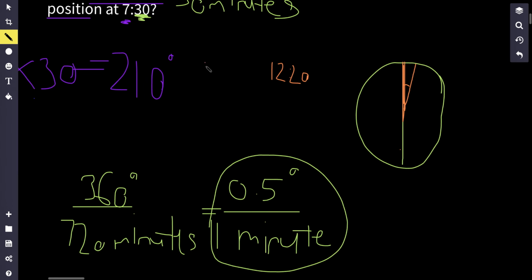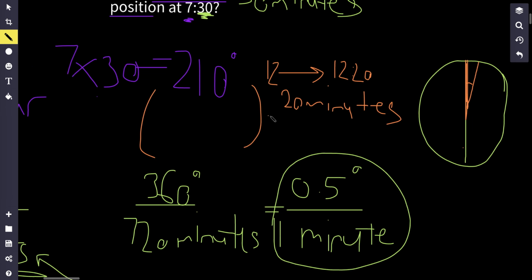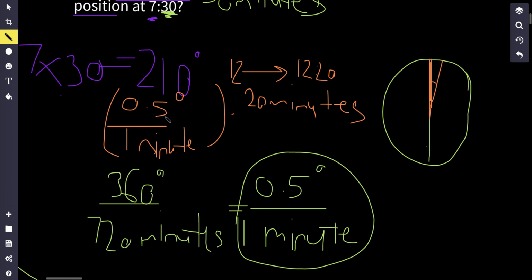Well, from 12 to 12:20, how many minutes has passed? 20 minutes, right? 20 minutes has passed. And we know that there's a 0.5 degree angle increase every 1 minute, right? So every 1 minute, the hour hand rotates 0.5 degrees.